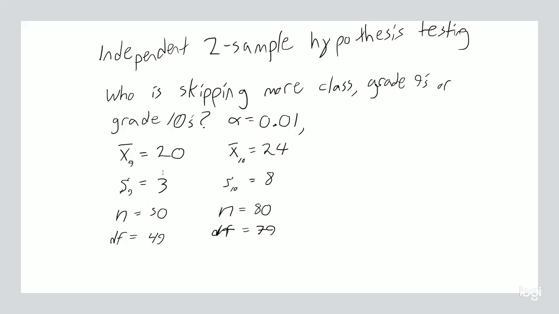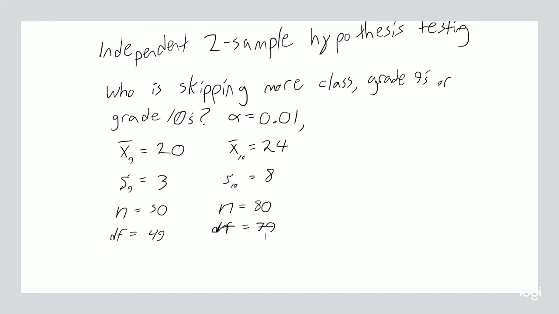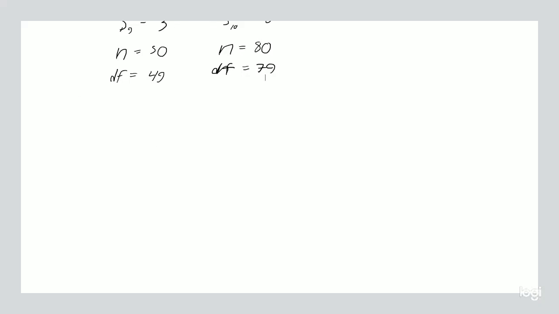So the difference here is going to happen when we're calculating our test statistic. We're seeing if there's a difference between the two values. So when we write our null and alternative hypotheses, one of them is going to say that the population mean for the grade 9s minus the population mean for the grade 10s is equal to 0.